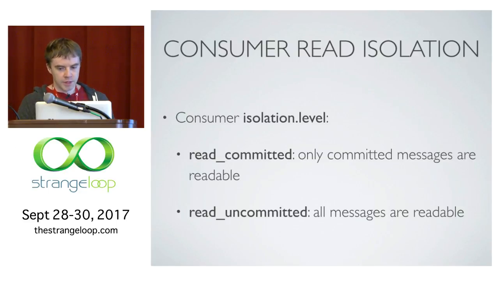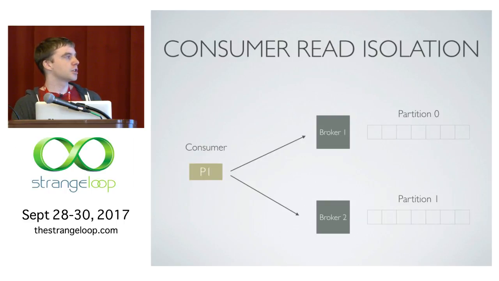Now, the consumer read isolation is a little bit subtle. The first issue that I want to mention is, typically the partitions that are included in the transaction are sitting on different brokers. And when you have a transaction which covers that, there's no synchronization between the two brokers when you start the roll forward process, when you start to write the markers.